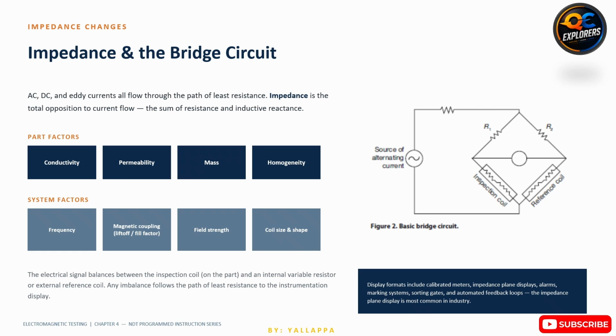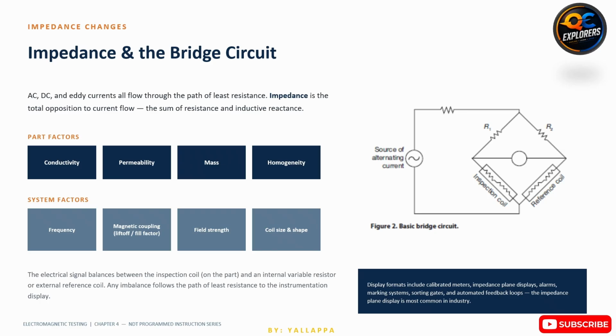Whenever the probe approaches a conductive component, the induced eddy currents create a secondary magnetic field. This field interacts with the coil's primary magnetic field, causing the coil's impedance to change. The instrument continuously monitors these changes and converts them into signals that the inspector can analyze.